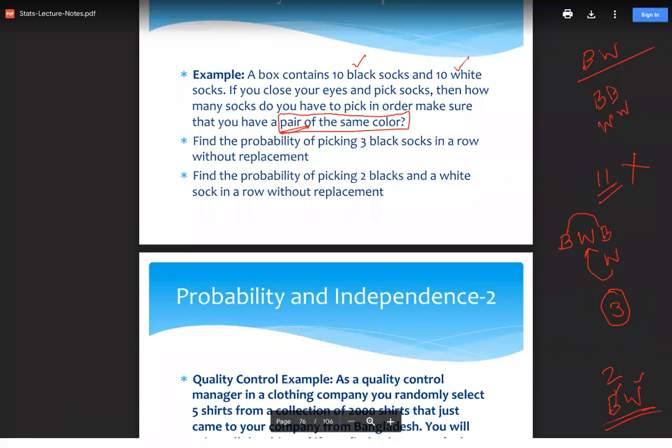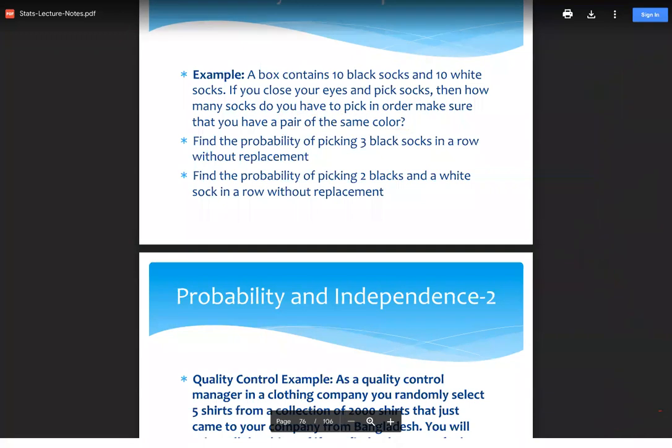Yes. Okay. Next question. Find the probability of picking 3 black socks in a row without replacement. So you have 20 black socks and 20 white socks mixed in a random way in a box.